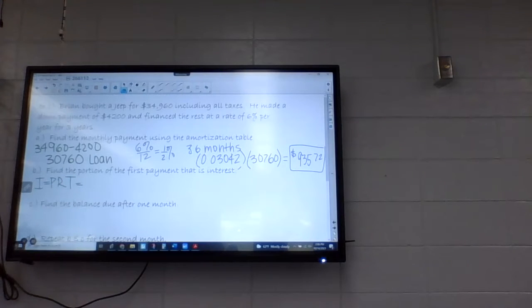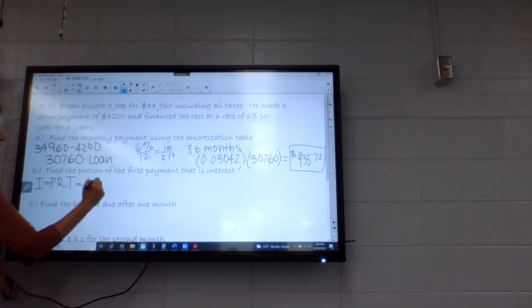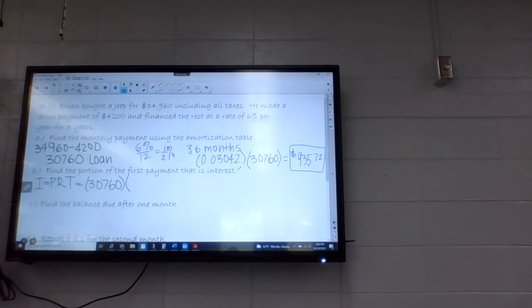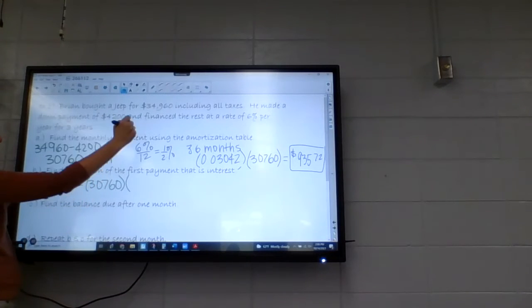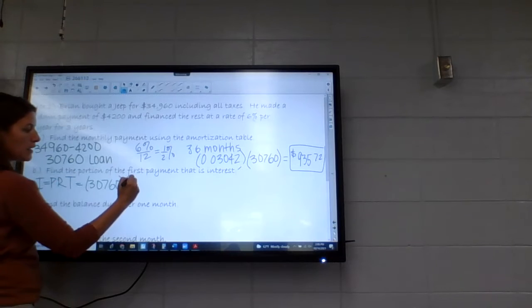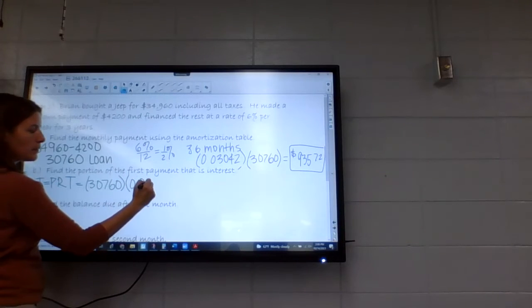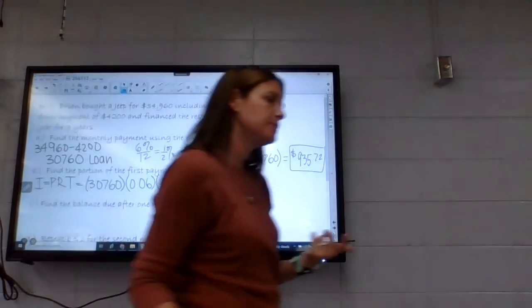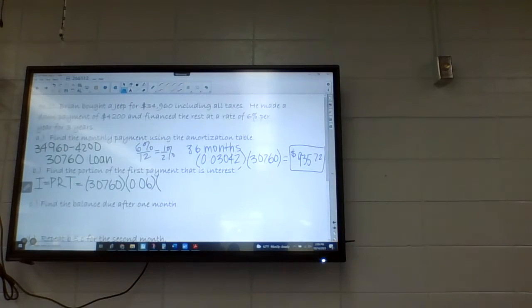So the starting amount is what his loan is. So this $30,760. The rate is the 6% that he's paying for his interest. So now we're going back to that 6%. We write it as a decimal. But then the time, typically it's time in years, but we want to know just for the first month.